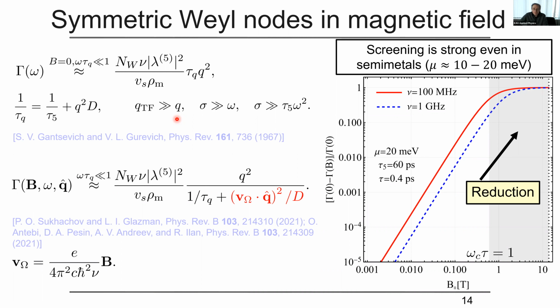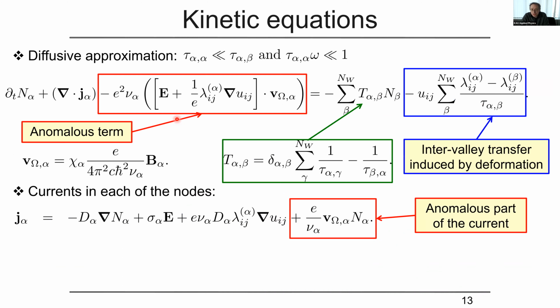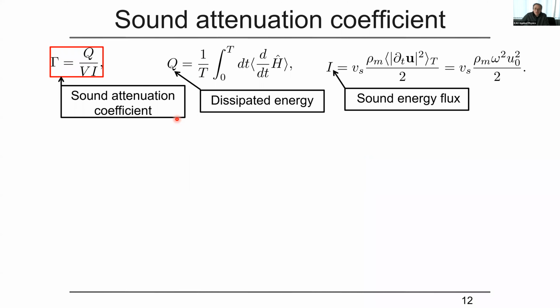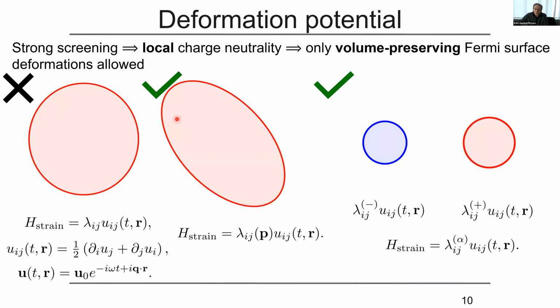More questions? While people are thinking about questions, maybe I have a few naive questions. Let's say, on slide 10, about attenuation and changing of the Fermi surface volume.